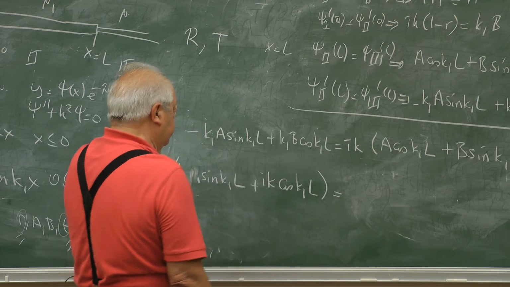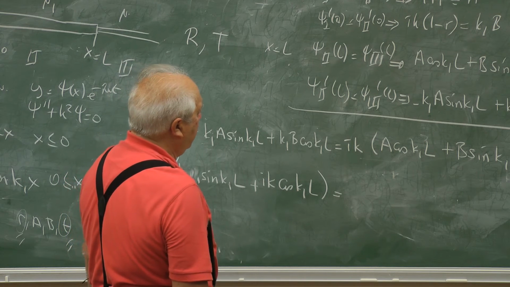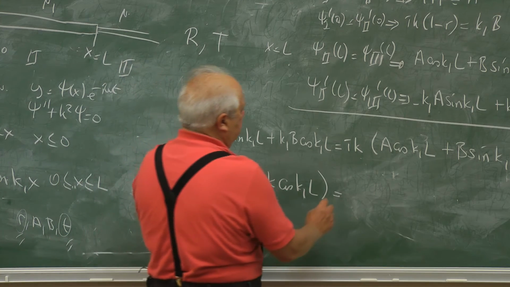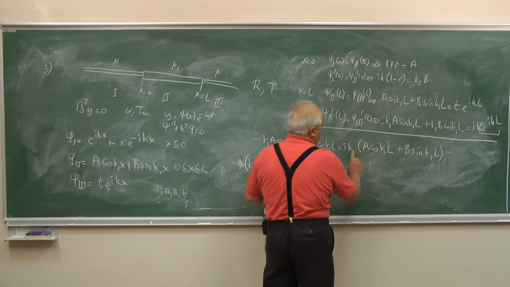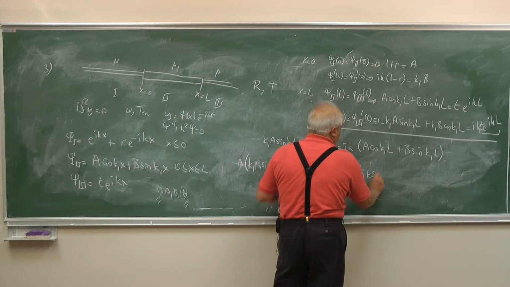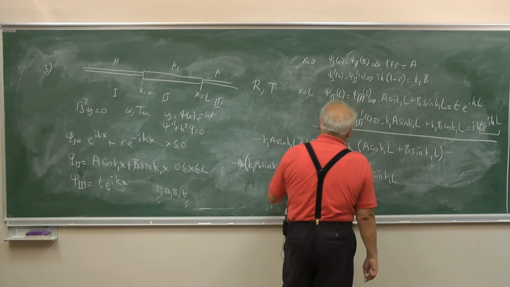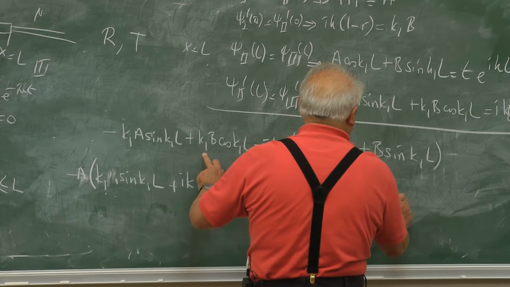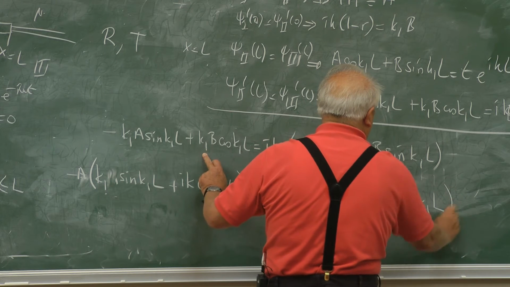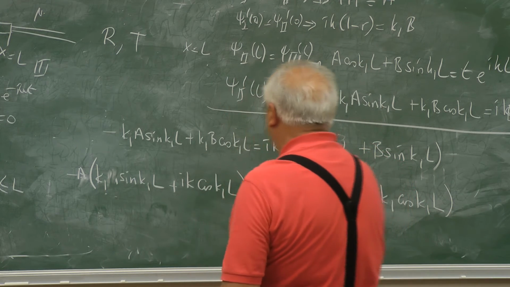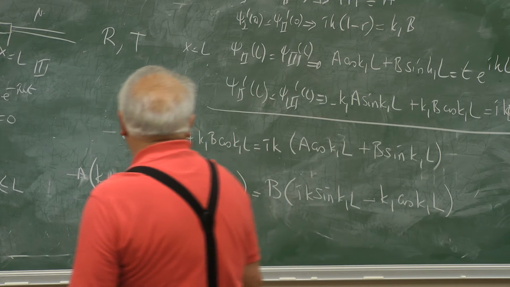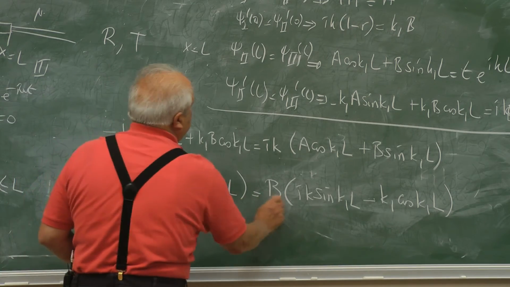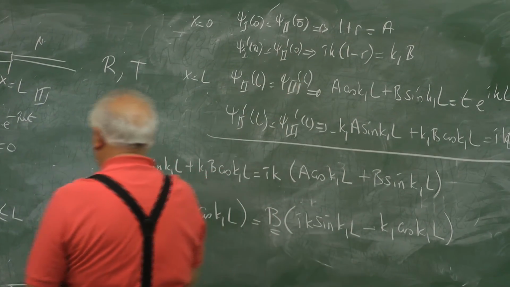That's equal to b times ik sine k1L minus k1 cosine k1L. Now, I will replace a and b by those values.